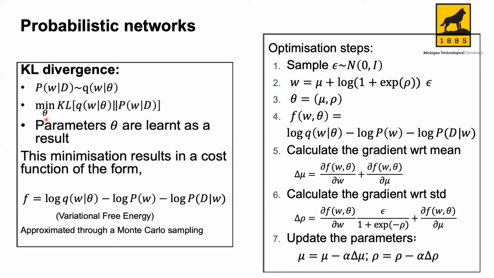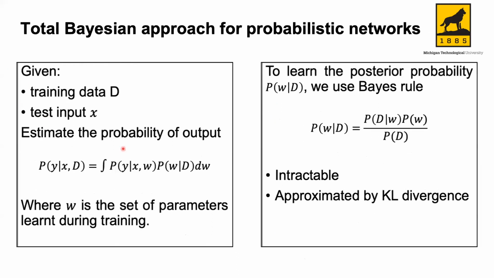That means you find a theta that lets you approximate the posterior probability. And once you have found the posterior probability, you go back here, plug in the posterior probability of W, marginalize this, and use this prediction. Now you have a prediction which considers all possible neural networks. That's the whole idea in Bayesian neural network.